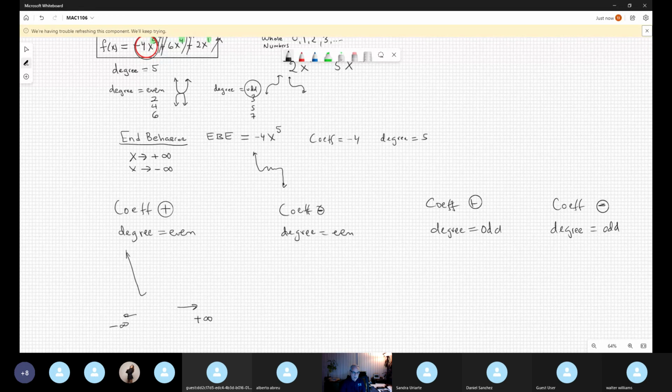The classical example is the parabola. But not necessarily a parabola. Suppose that the degree is 4 or 6 or 8. When the coefficient is negative, well, I'm going down. When the coefficient is positive but the degree is odd, it looks like that. And when the coefficient is negative and the degree is odd, it looks like that.